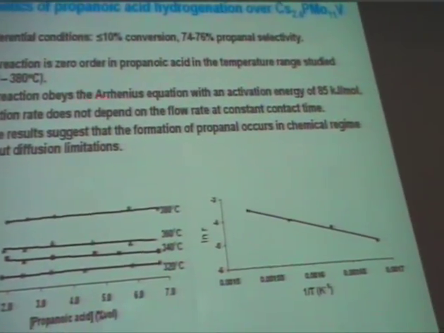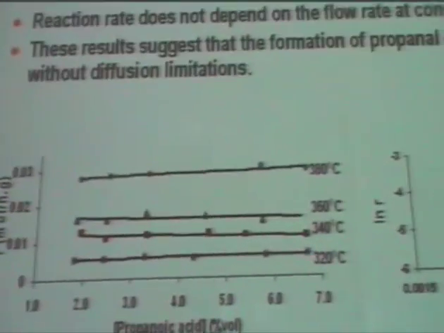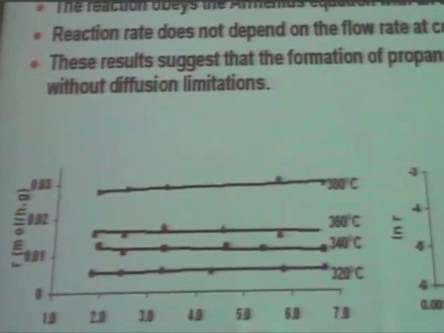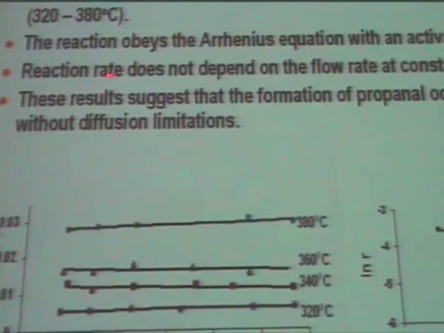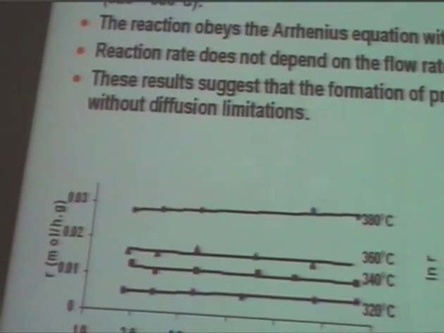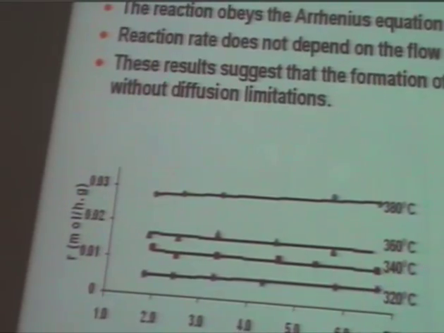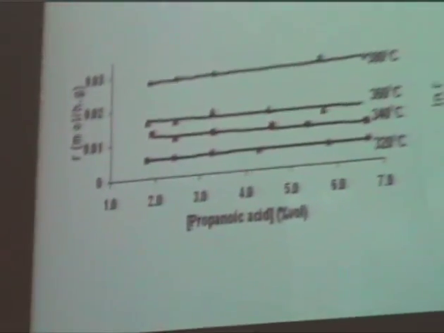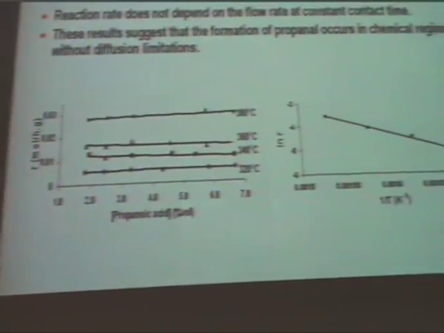The reaction obeys the Arrhenius equation with activation energy of 85 kilojoules per mole. And the reaction rate does not depend on the flow rate at constant contact time. These results suggest that the formation of propanol occurs in chemical regime without diffusion limitation.